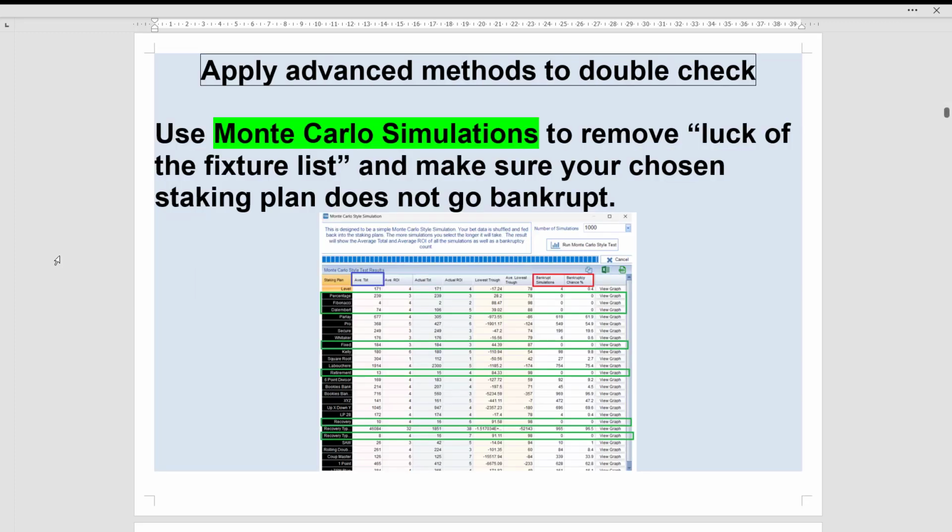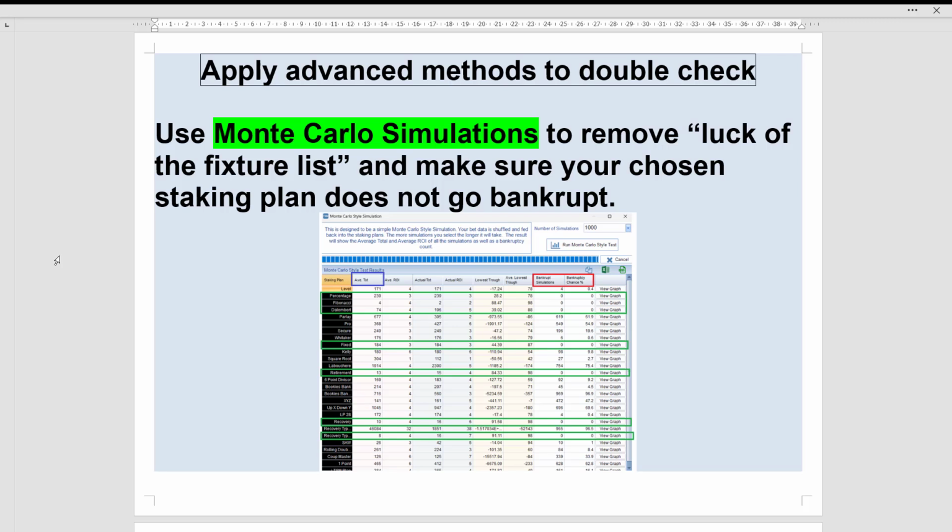And once you've ranked the staking plans and found some staking plans you're interested in, you can apply advanced methods to double check if this is really going to work long term or if it was just luck. Because sometimes with progressive staking plans and recovery staking plans, the luck of the fixture list really affects whether you went bankrupt or not.